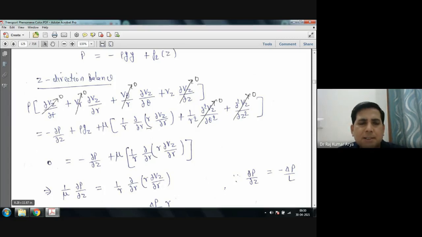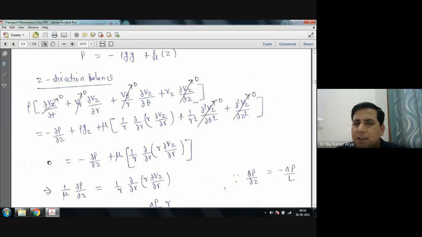Now you are cancelling terms here. The first term, del V z upon del t, you are cancelling by putting a constant here, steady state flow. The second term, you are cancelling this V r because you are considering the flow is totally in the z direction. So you are putting V r and V theta equal to 0, so the second and third terms are getting cancelled.